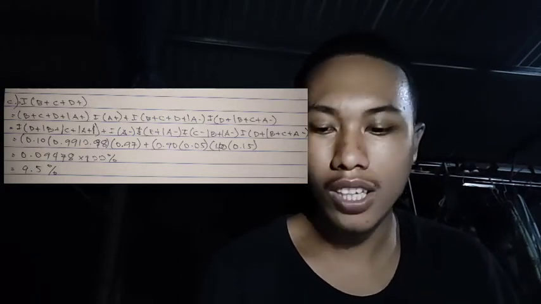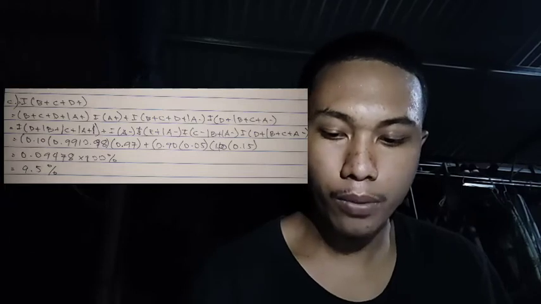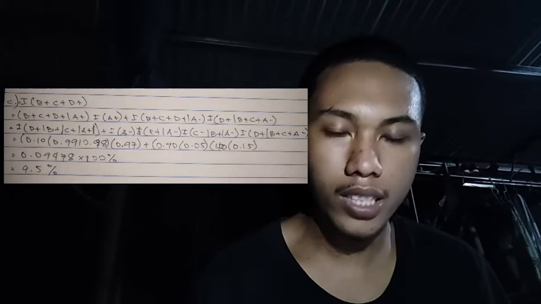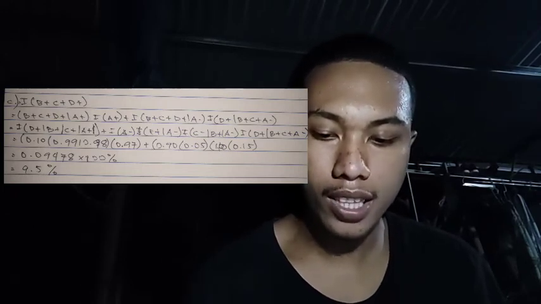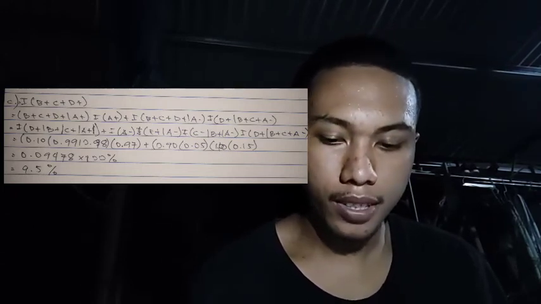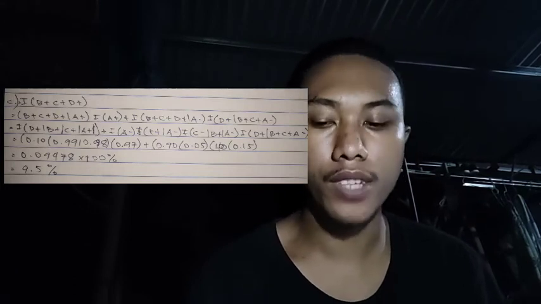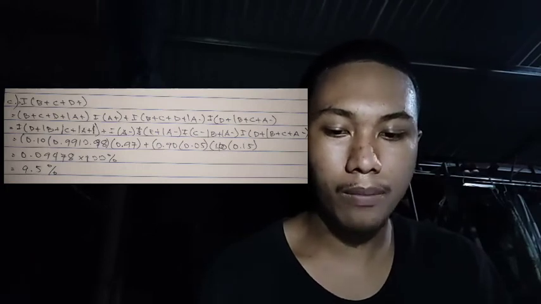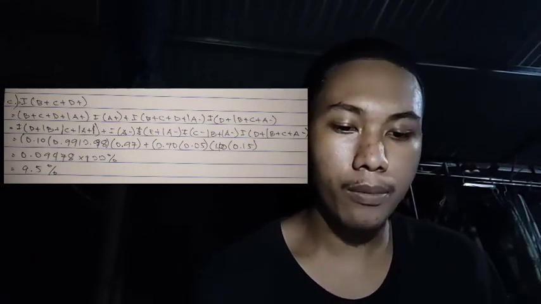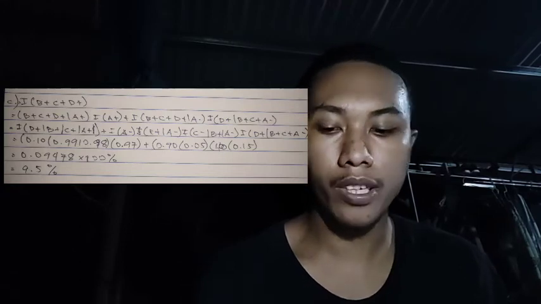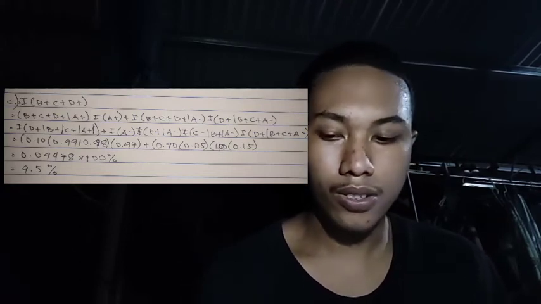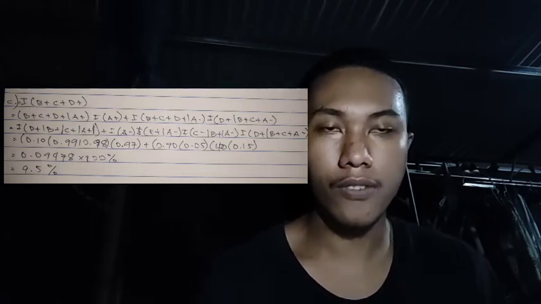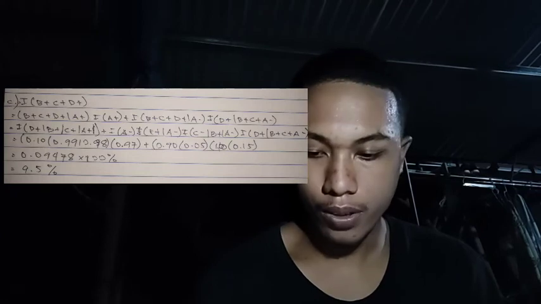Upon substituting 0.10 times 0.99, 0.98 times 0.97 plus 0.90 times 0.5 times 0.10 times 0.15, we get the final answer. To get the percent of samples tested by the laboratory, we multiply it by 100%. So the outcome and the final answer is 9.5%.